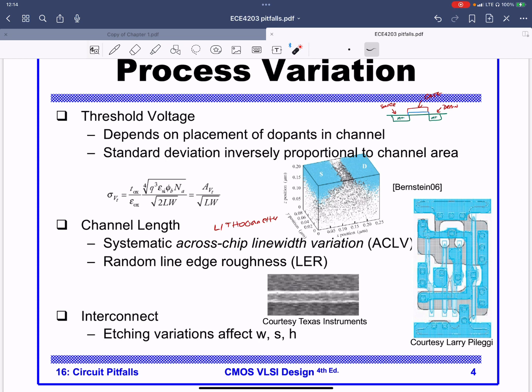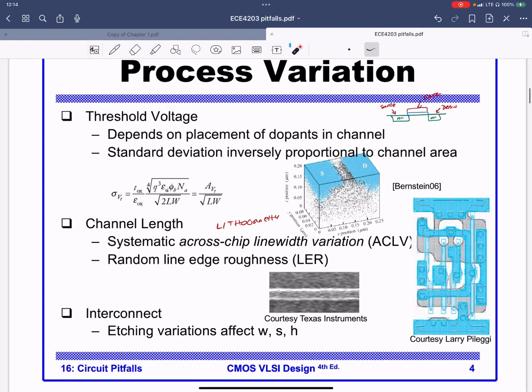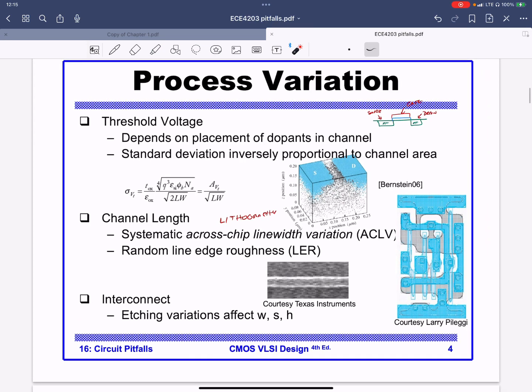Finally, in terms of the interconnections, the etching of the interconnections isn't perfect. And so you will have variations in the width of the metal lines, the thickness, the height. So all sorts of things can vary, but these are the main variations.